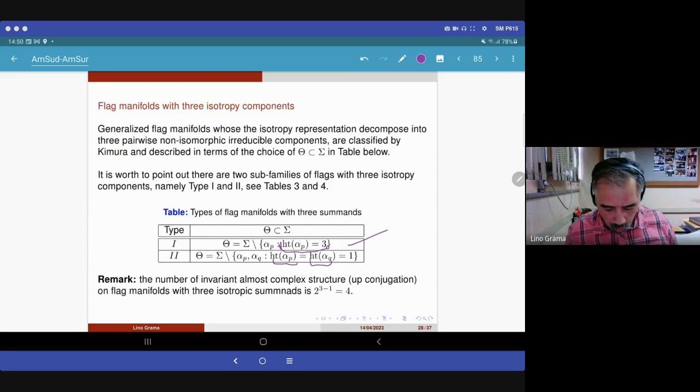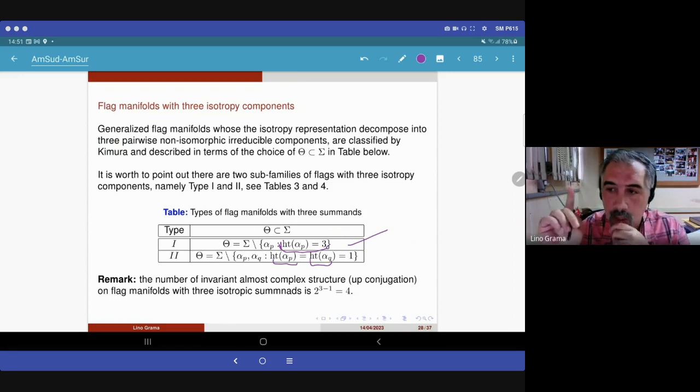We call these the type 1 and type 2 subfamilies. And just a remark, the number of invariant almost complex structures up to conjugation, because we identify conjugate almost complex structures, is 2 to the power 2, which is 4.